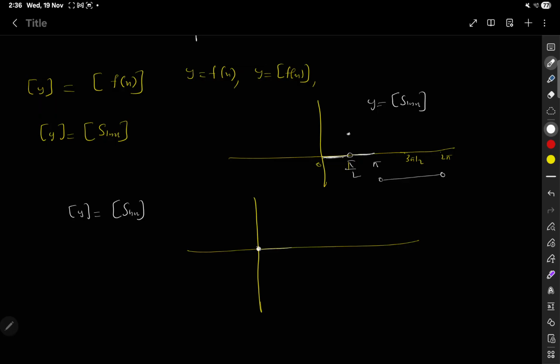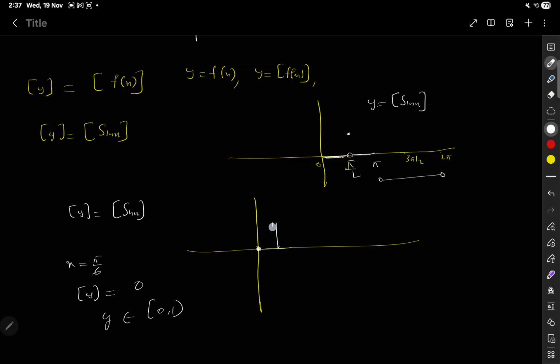Okay, now step y equal to step sin x means you take x equal to pi by 6 to understand the concept. So step y equal to what? Step of sin pi by 6. Step of half, which is 0. So what is y? y belongs to 0 to 1. So at pi by 6, what is the value? y can be 0 to 1.